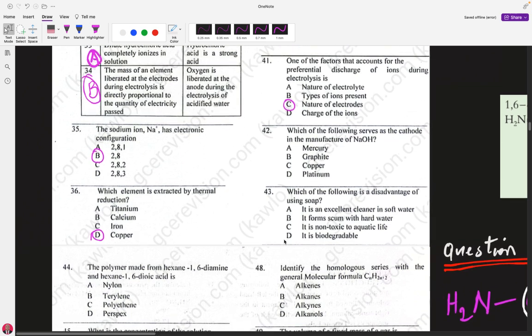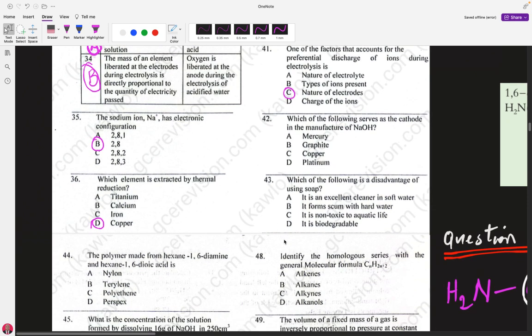#41 is C. Then #42. Which of the following serves as the cathode in the manufacture of sodium hydroxide? In the manufacture of sodium hydroxide, which one will serve as a cathode?